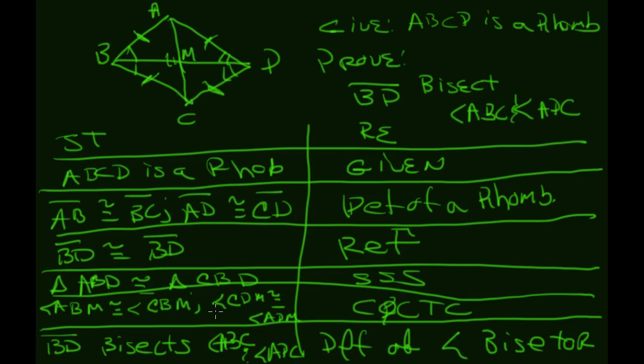A square is a parallelogram with 4 right angles and 4 congruent sides. If I have a rectangle, the diagonals are congruent. If I have a rhombus, the diagonals are perpendicular, and they intersect the opposite angles in such a way that they actually bisect those angles. All right, so those are the properties of parallelograms and special parallelograms.